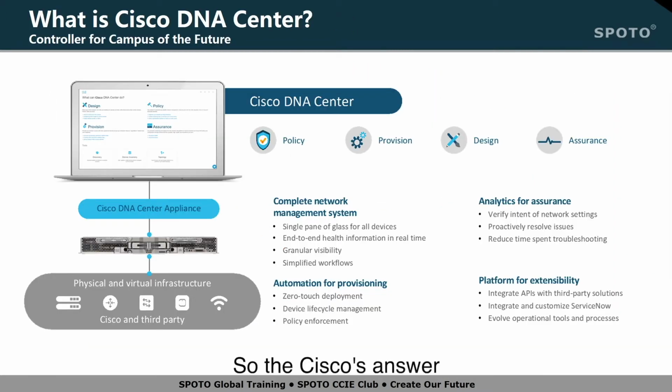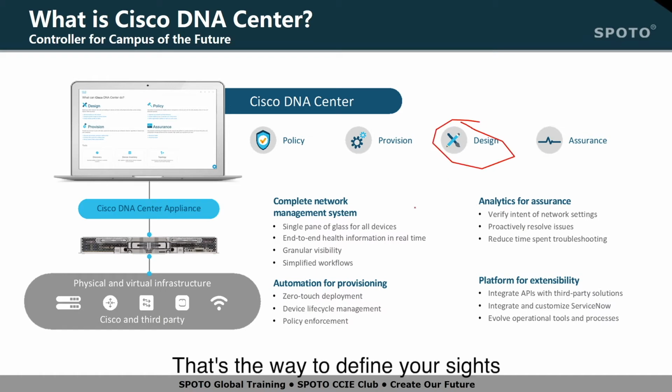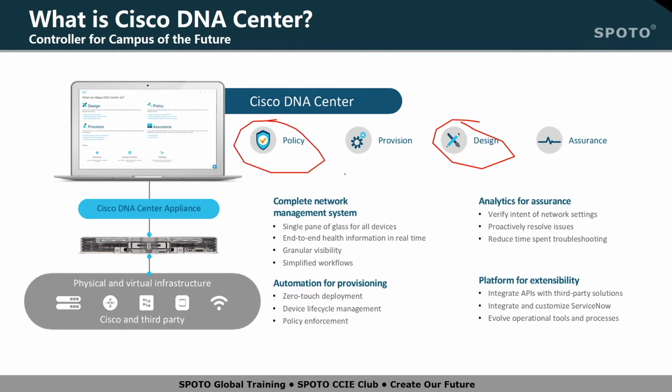So Cisco's answer to these requirements is their DNA Center solution. It's a controller for campus of the future. Within the Cisco DNA Center, there are several parts. The first one is the design. That's the way to define your sites at high level with all of these components. The second one is policy. It defines how to use these hardware, how to use this network.